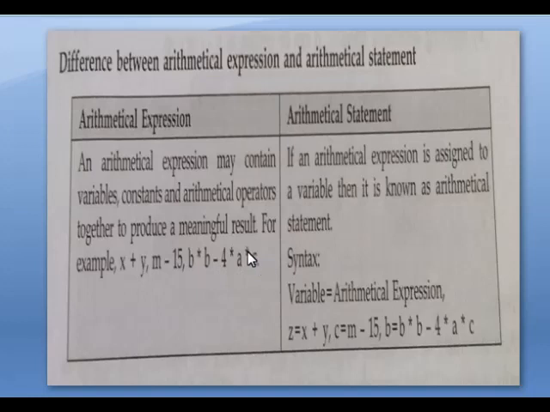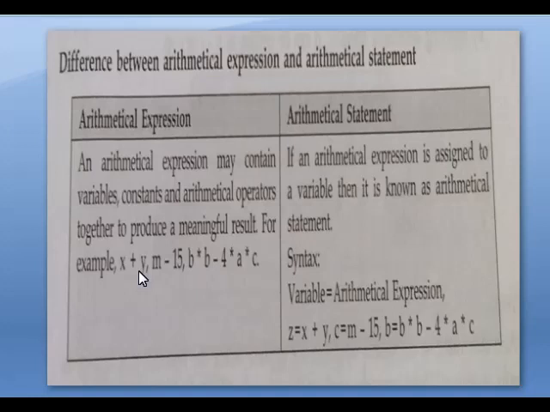The next one is the arithmetical statement. What is called a statement? If an arithmetical expression is assigned to a variable, then it is known as an arithmetical statement. For example, variable equal to arithmetical expression. Here the arithmetical expression is x plus y. There is no memory location to store this expression.